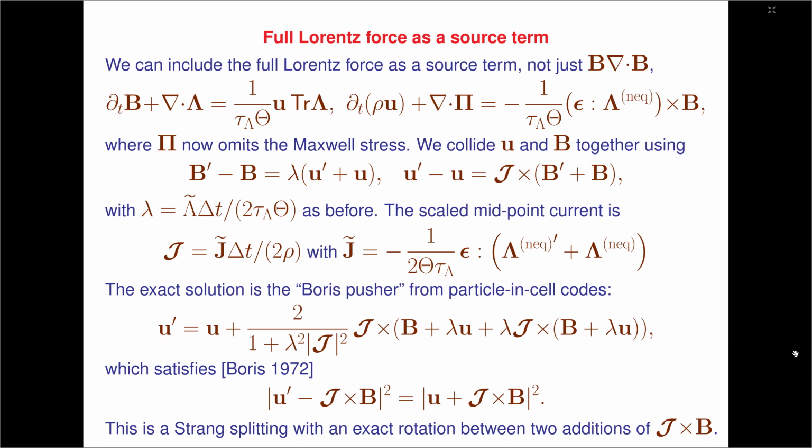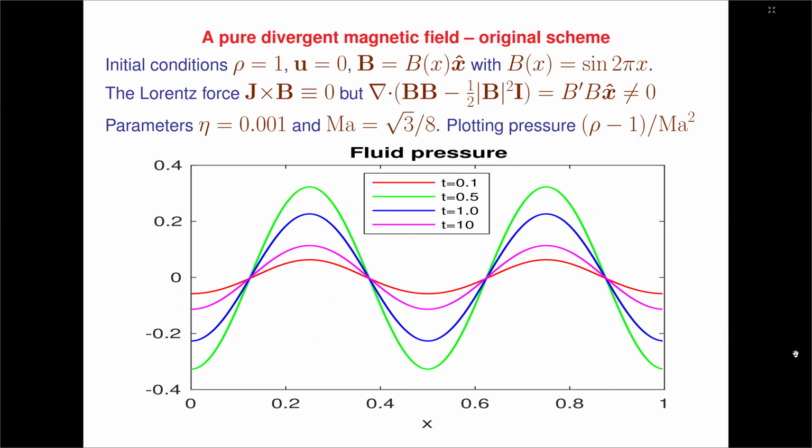This is my J twiddle thing. And then the kind of fun thing is that the exact solution for the Crank-Nicholson collisions is the Boris pusher that Patrick Jenny was talking about this morning that people use for particle-in-cell codes. So this gives you an exact rotation of the velocity relative to a J cross B, so it has nice stability properties. Okay, so now some numerical experiments.